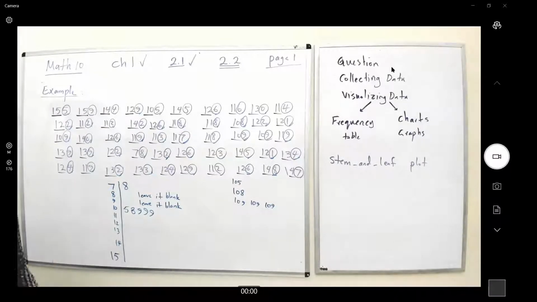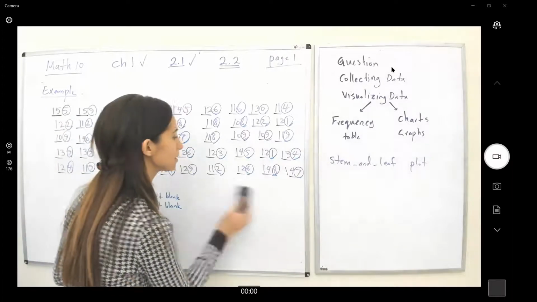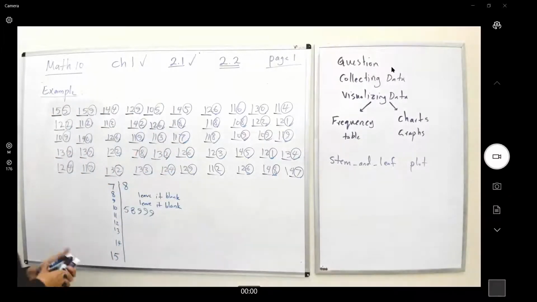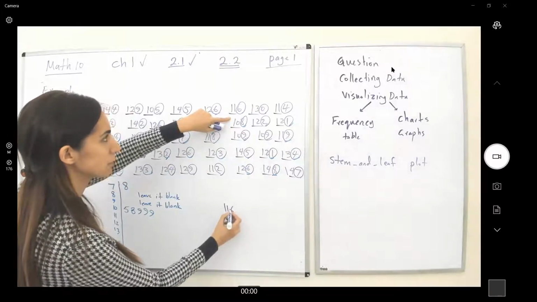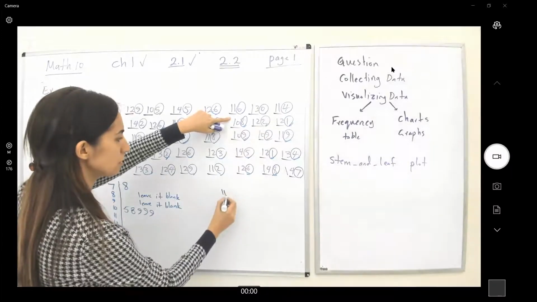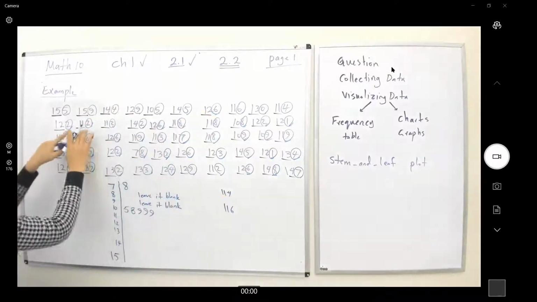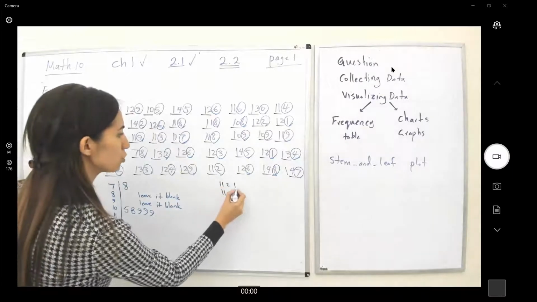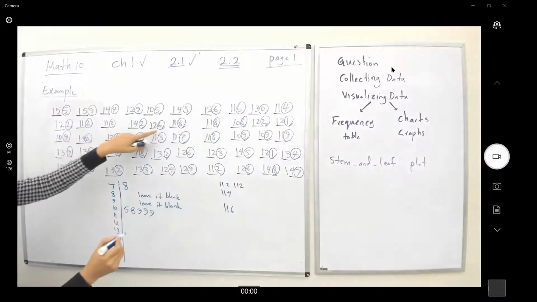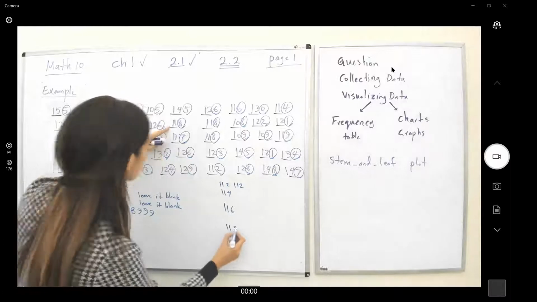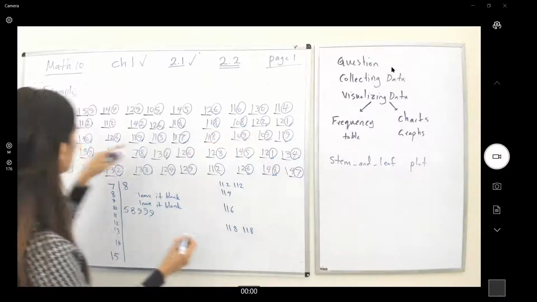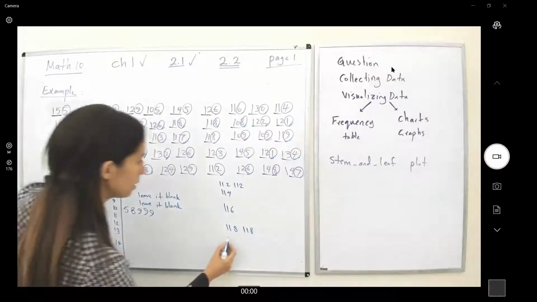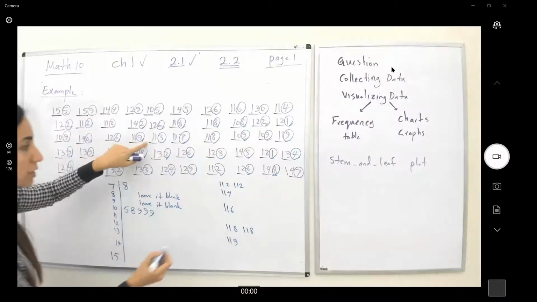Now let us find all numbers which have stem 11. Okay, guys, help me find all of them. One of them is 11.6. The other one is 11.4. Okay, 11.2. I have two 11.2s, then 11.8, 11.8, 11.9, okay, 11.3.